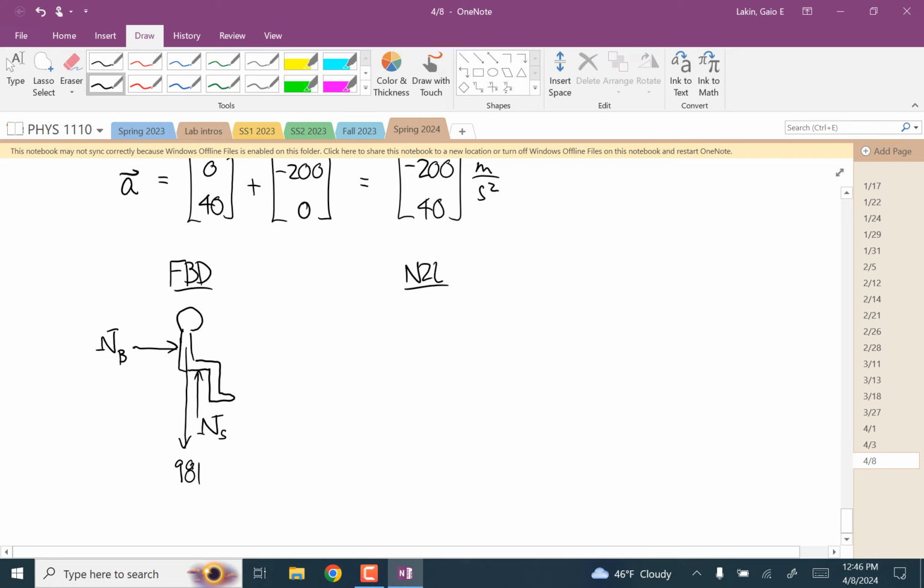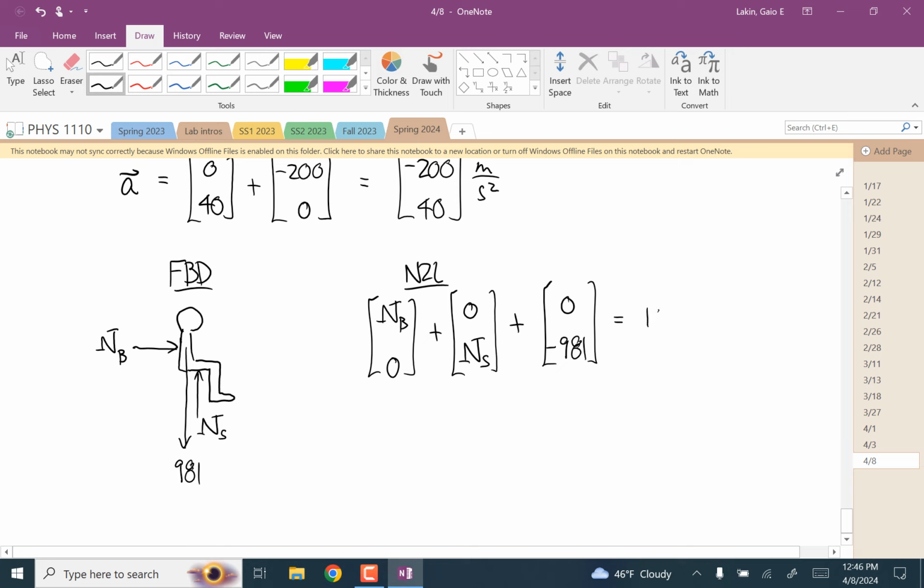Newton's second law says N_B, 0, plus 0, N_S, plus 0, negative 981, is equal to the mass times the acceleration. The x equation says N_B is equal to negative 20,000.